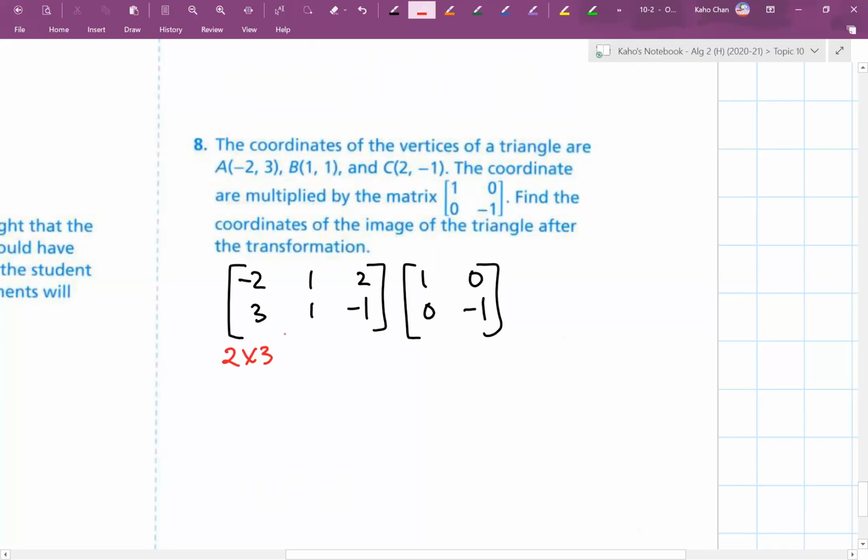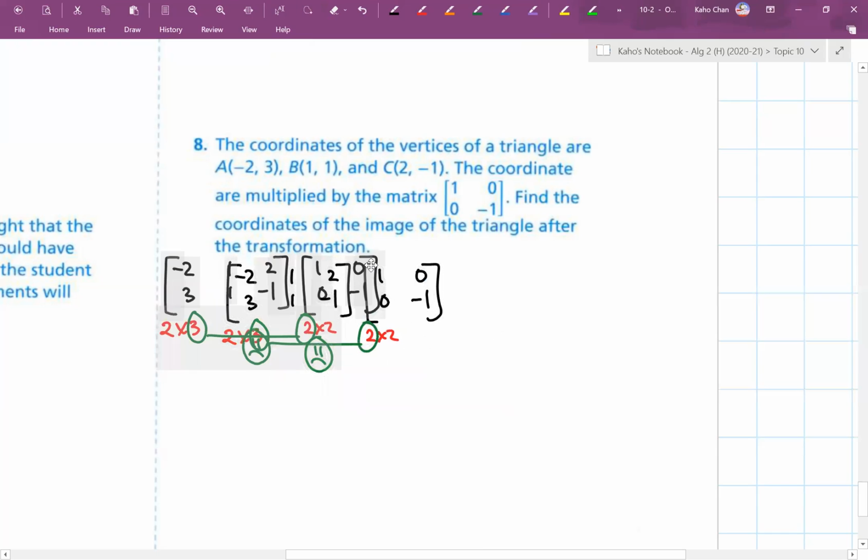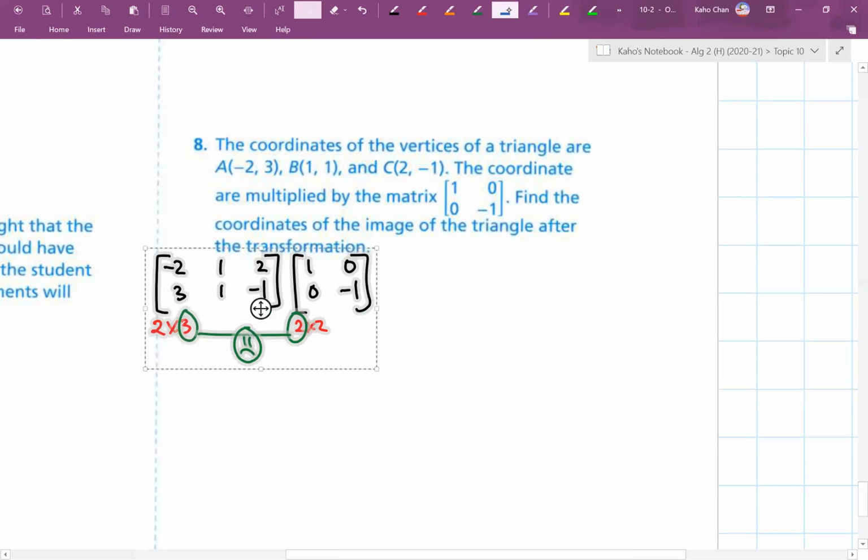So we have a 2 by 3. Whoa. What's going on here? I can't multiply those, can I? Oh no. Those don't match. So there's a trick. Flip it around. So that doesn't work, unfortunately.